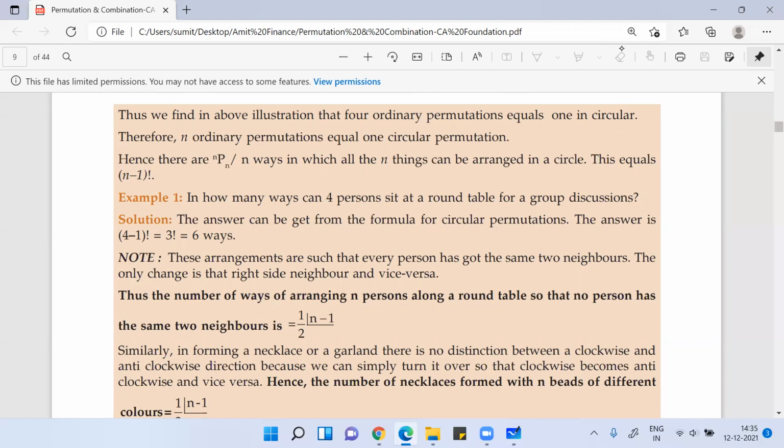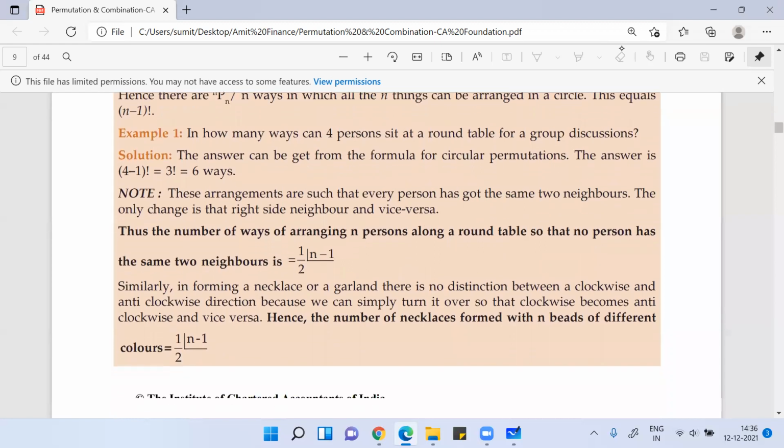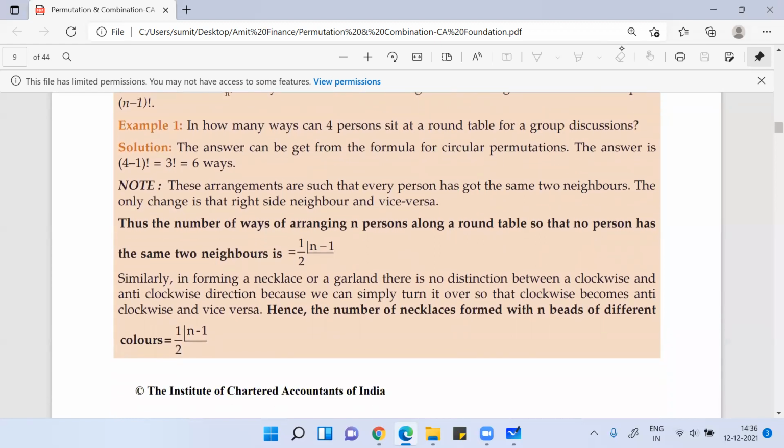Similarly, the number of necklaces formed with n beads of different colors is n minus 1 factorial by 2. If there's a question of a necklace or garland, there's no distinction between clockwise and anti-clockwise direction, because we can simply turn it over, and clockwise becomes anti-clockwise and vice versa.